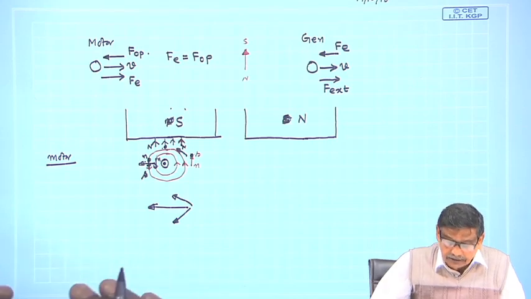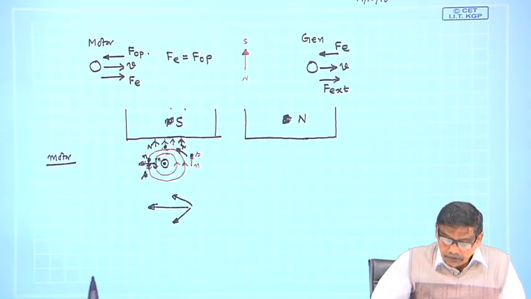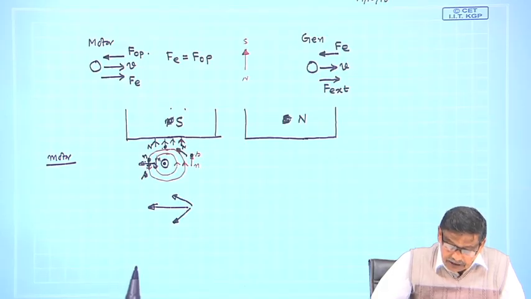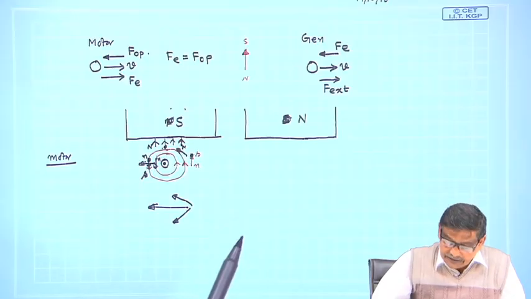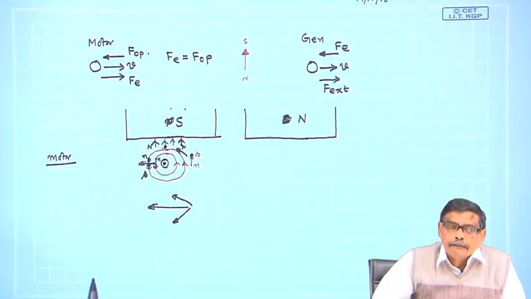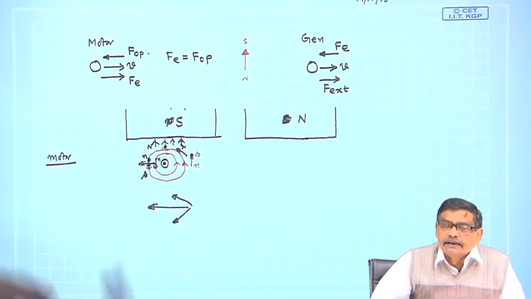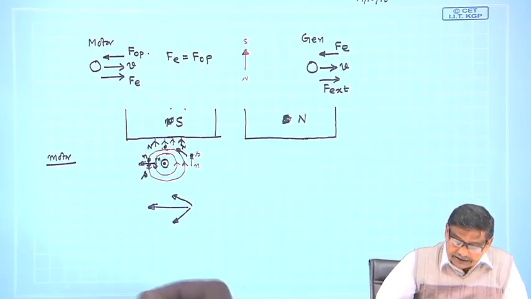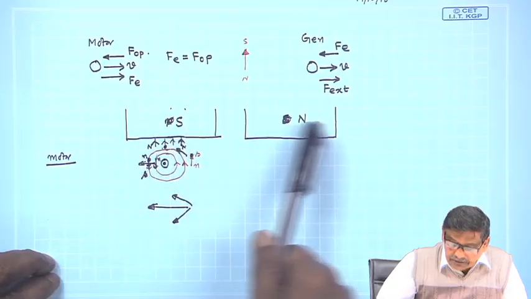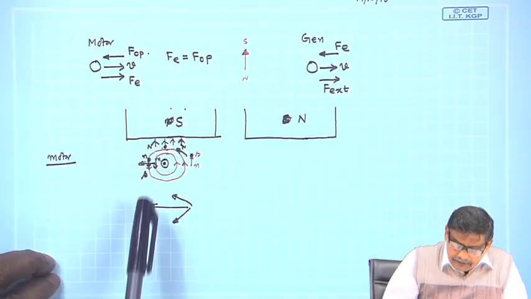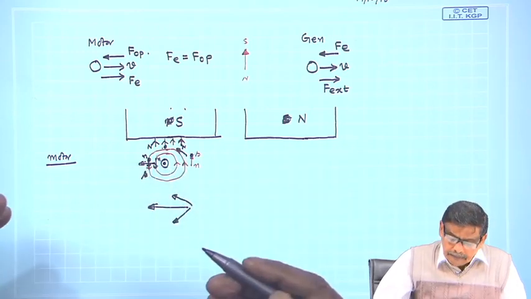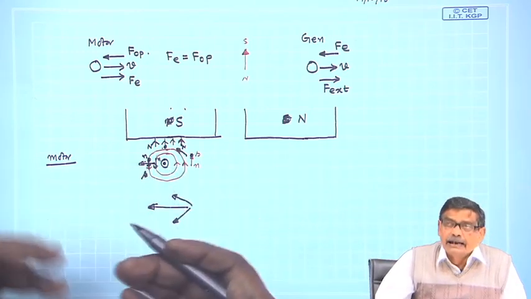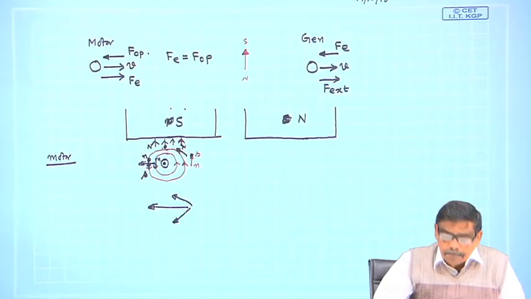In other words, to know the direction in which the conductors will move, one can trace it down to the fact that two sets of magnets are interacting with each other. One set is produced by this structure, which is not moving, south, north, whatever it is, and the other is the conductor which is supposed to move, be it motor or generator, but it will carry some current at a given instant of time.